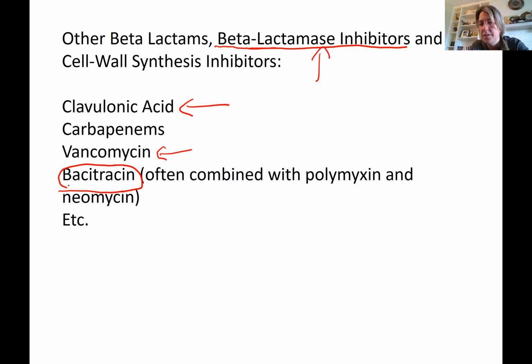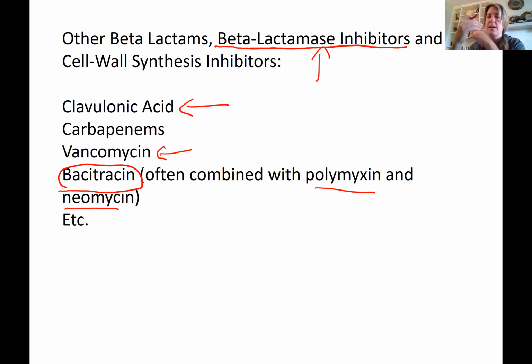And because it's toxic, it is generally combined with polymyxin B and neomycin in what we call triple antibiotic ointment, okay? So these three antibiotics, bacitracin, polymyxin, and neomycin, are wonderful. They kill bacteria really well, but they can be toxic.